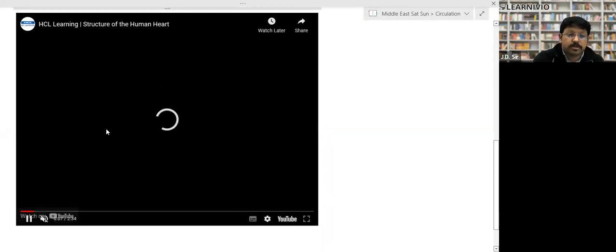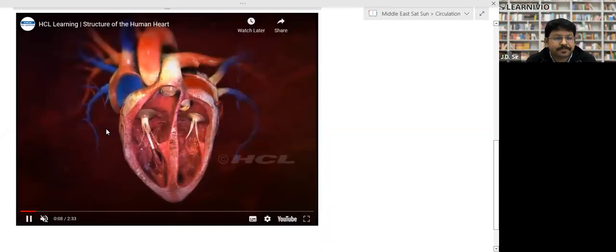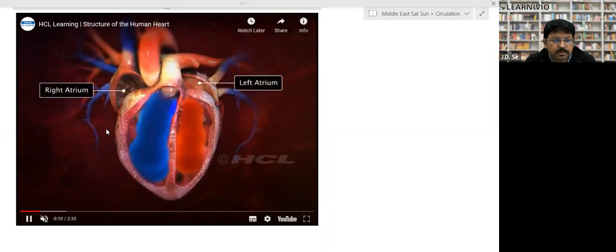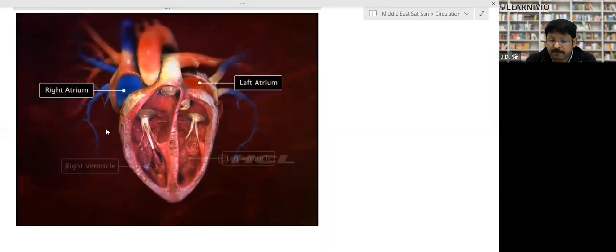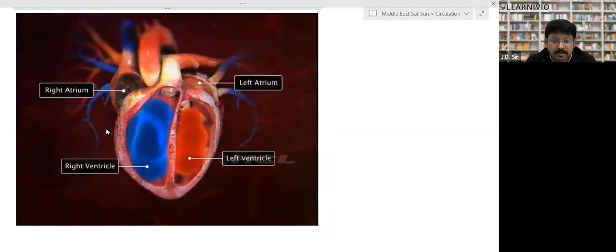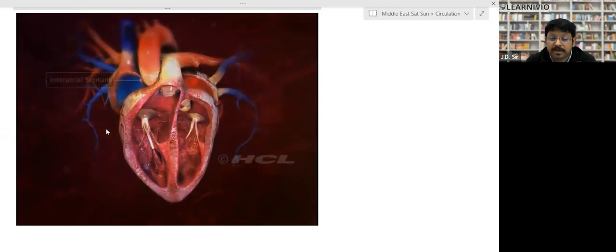Look how the valves are working. It's a very clear picture. Here the right atrium and left atrium. Blue blood is deoxygenated blood, red blood is oxygenated blood.